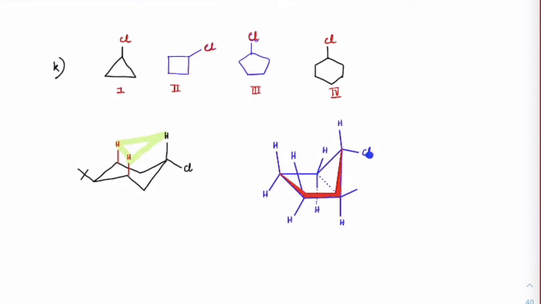In the envelope shape, if chlorine is present here, because this is the more stable conformer for cyclopentane, the sigma star for this would be here, and the nucleophile will try to attack here. Same thing, sigma star would be here, and the nucleophile will try to attack that.